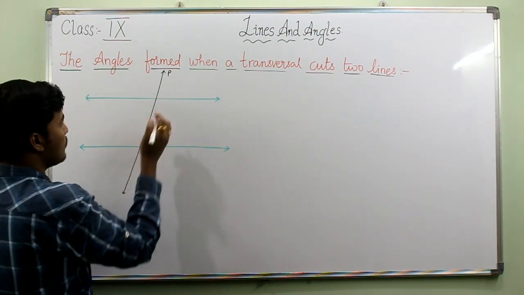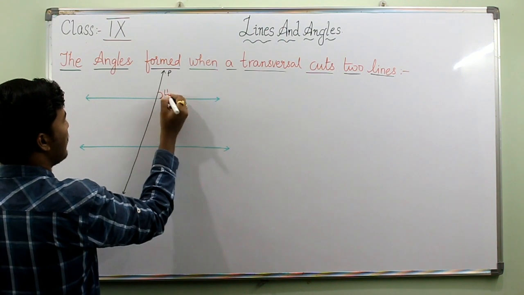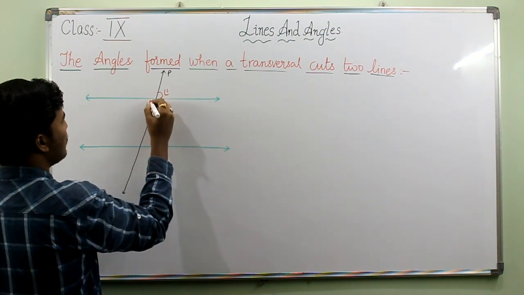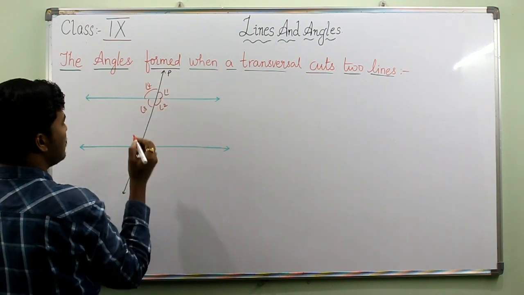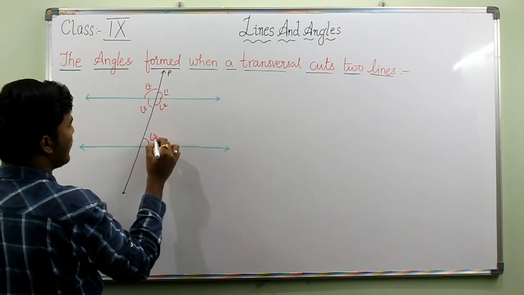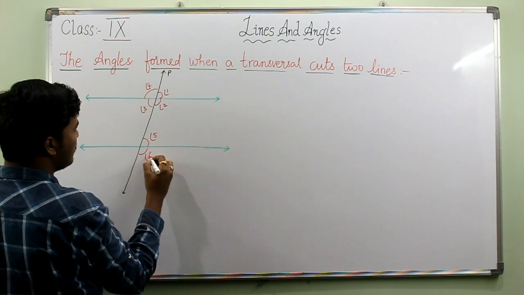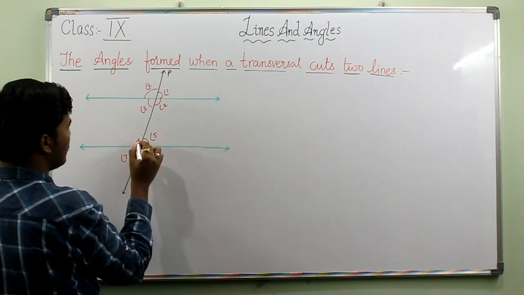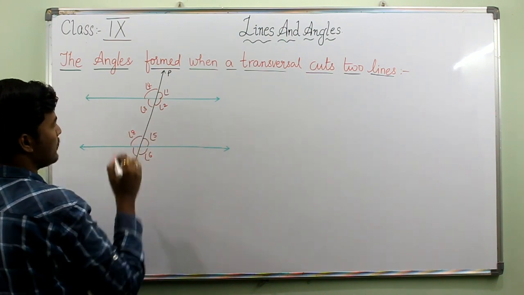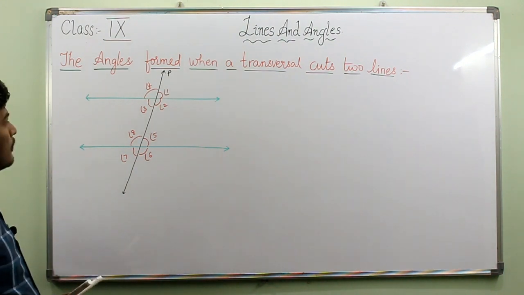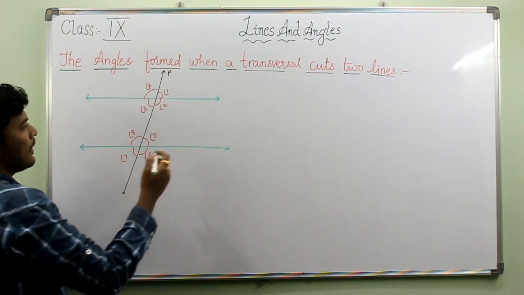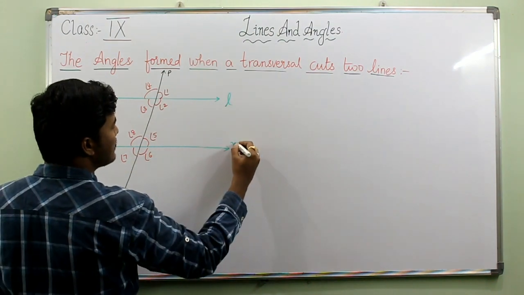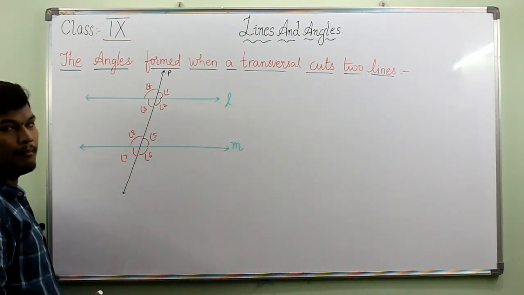This is angle 1, angle 2, angle 3 and angle 4. Similarly here, angle 5, angle 6, angle 7 and angle 8. These are the angles formed between these parallel lines. Let us name these parallel lines L and M.